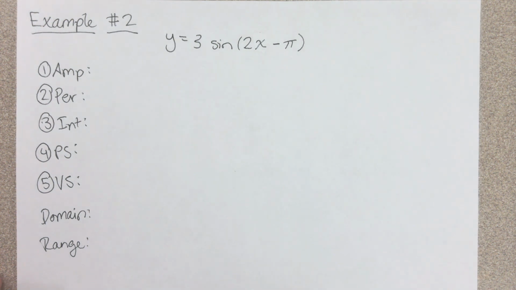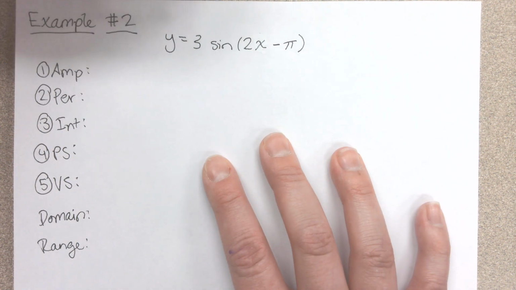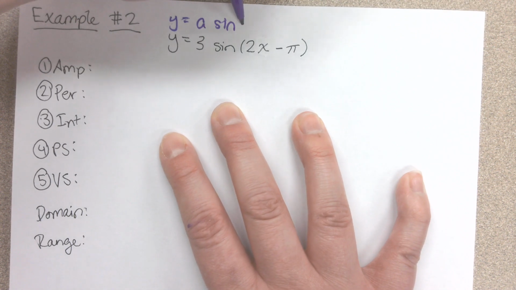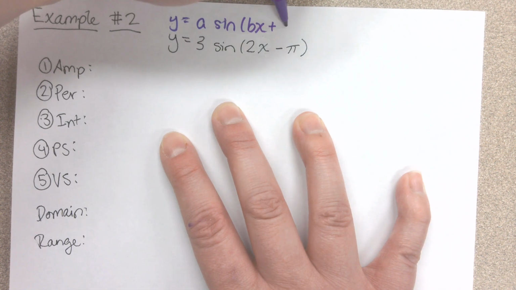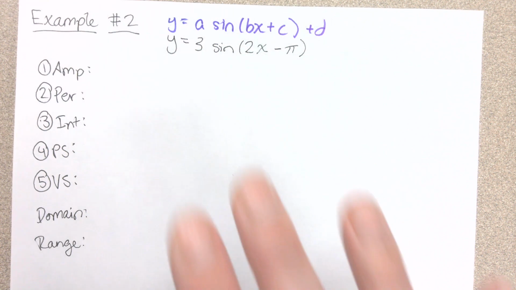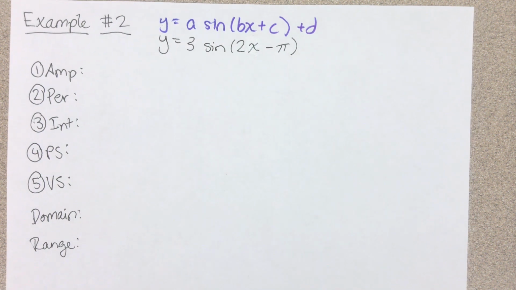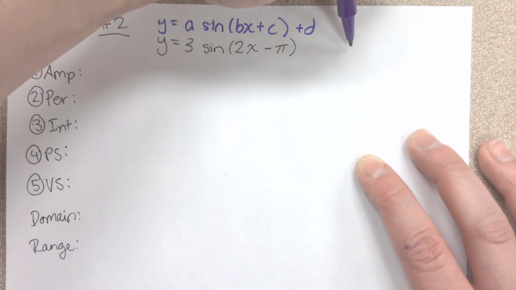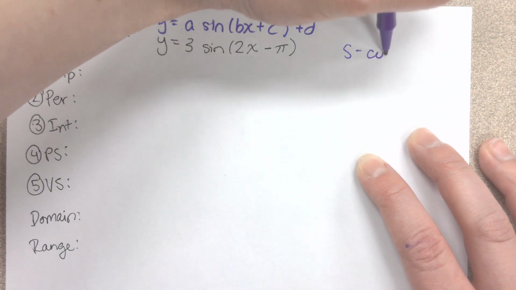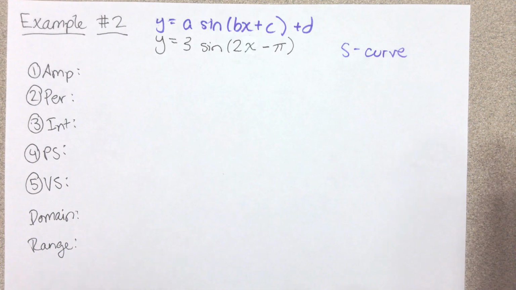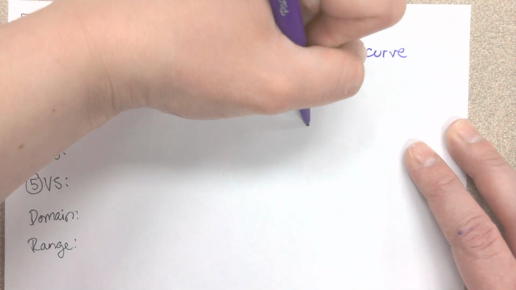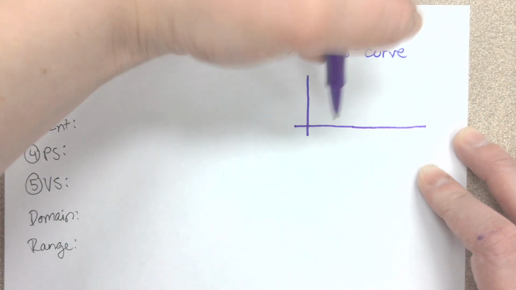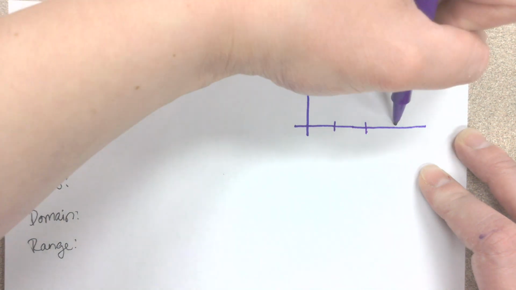Again, let's do general information first. General equation, y equals a sine of bx plus c plus d. And again, the mini drawing of the S curve. Going out 4 intervals.